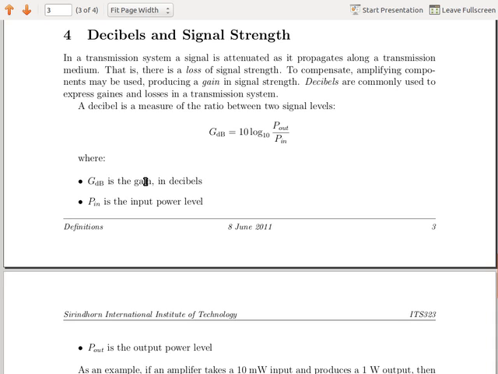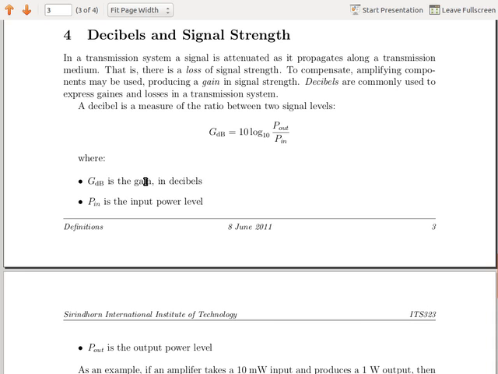We use decibels as a way to measure how much loss. And in some systems we try to compensate by amplifying. Our audio amplifier takes my normal voice signal and increases it. That causes some gain in the signal strength. So we have these two items, loss and gain. They're the inverse of each other.